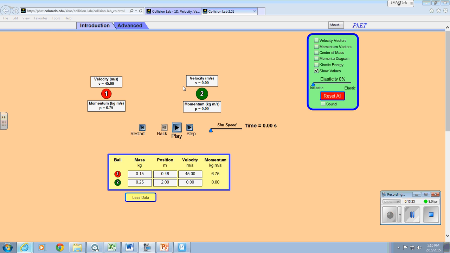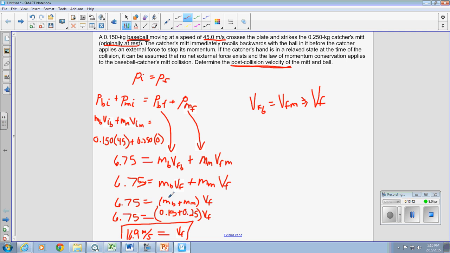And if we want to put this in our simulator to prove that we're right, we have the initial velocity and momentum of ball 1, and initial velocity and momentum of ball 2, they equal 6.75, which is what we got in our calculations.